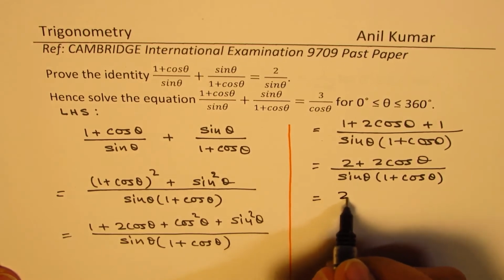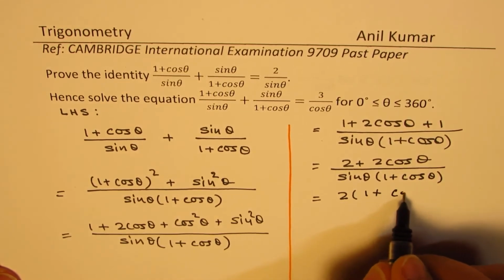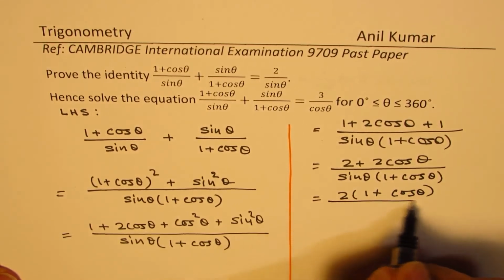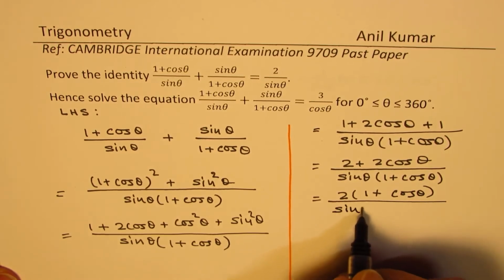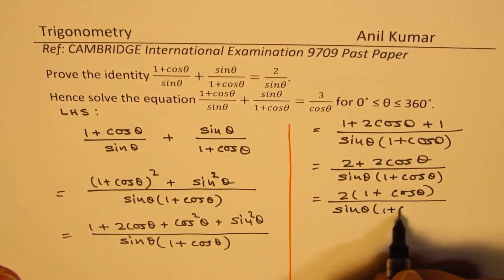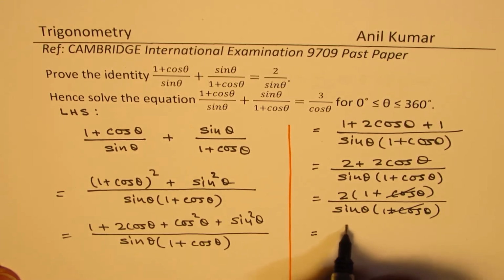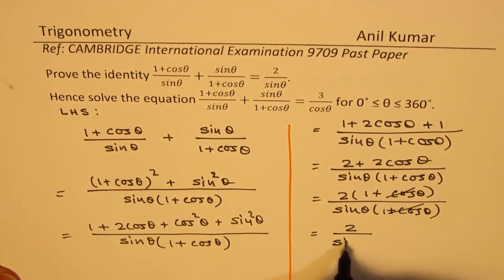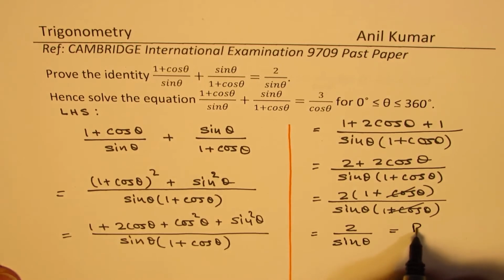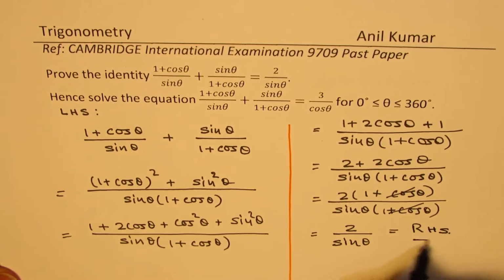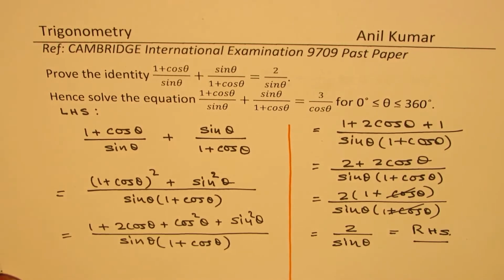Now we can take 2 common, so we get (1 plus cos theta) in the numerator. We already have this term in the denominator, right? So you can cancel these terms and you get 2 over sin theta, which is the right hand side, correct? So that is how you could prove this identity.